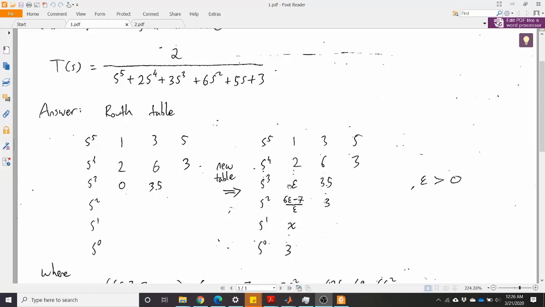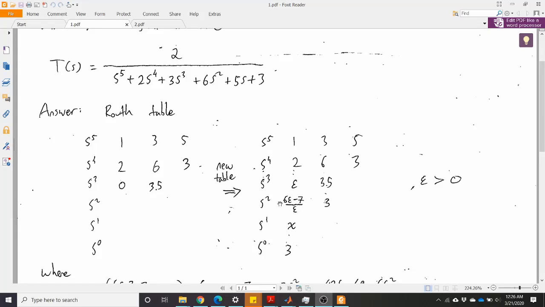we replace 0 with epsilon. So epsilon is, you can say, just a small number which is greater than 0. So a small positive number can be anything. So we substitute 0 with epsilon, and then we can proceed with the Routh table for s squared.